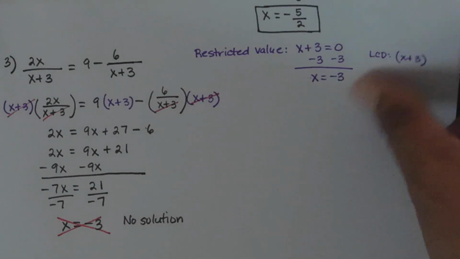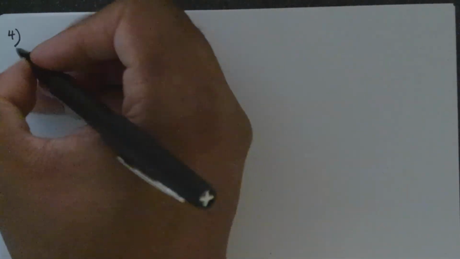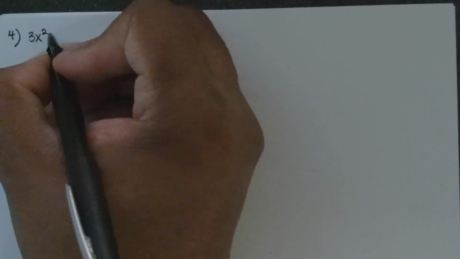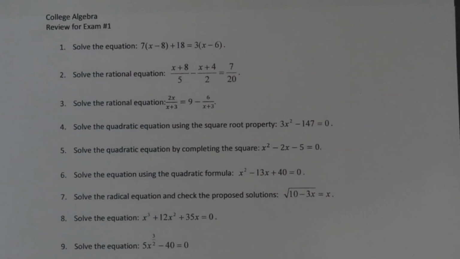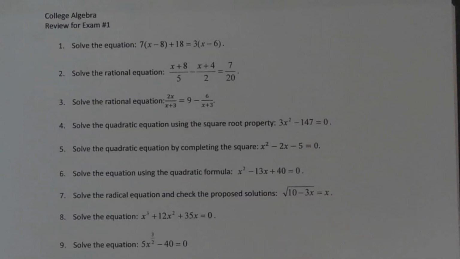Okay, number 4 is this. Here we're going to solve the quadratic equation using the square root property. Now keep in mind on the exam, you will be given specific directions on how to solve those quadratic equations, either by using the square root property, or by completing the square, or by using the quadratic formula.